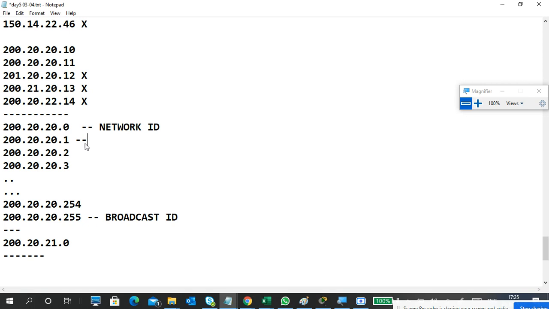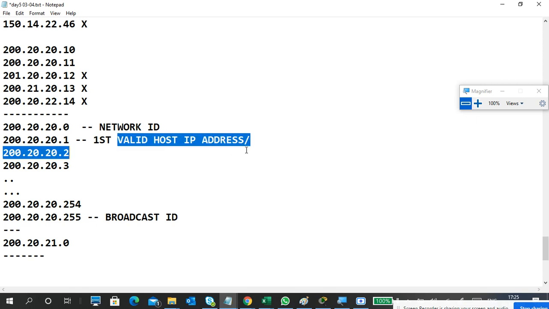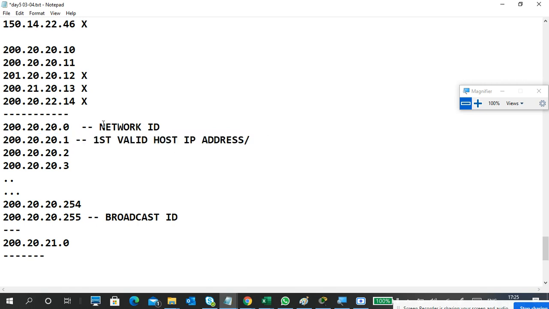The first IP address is called the first valid IP address, or a first host address, also we can call it a valid host address. I put both things here to avoid confusion. Valid IP address, host IP address, or valid host IP address, anything is the same.